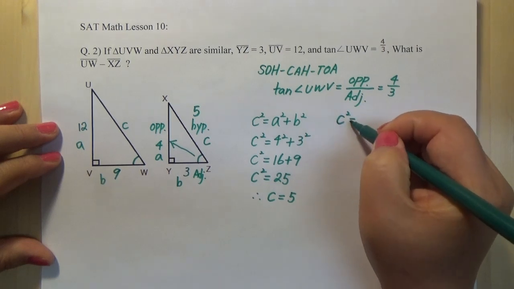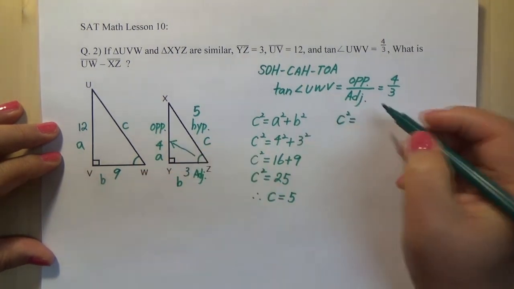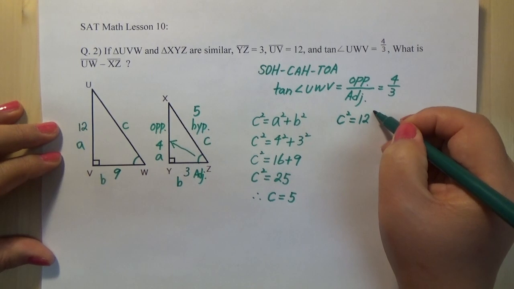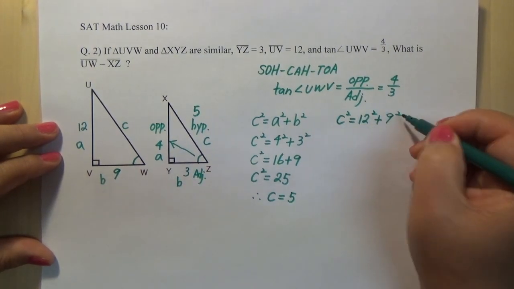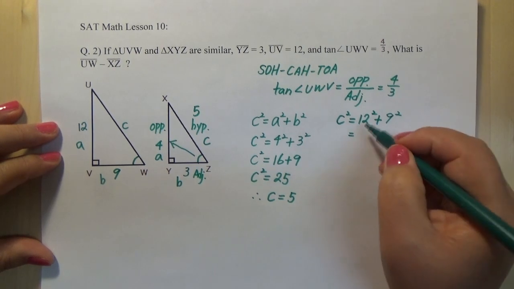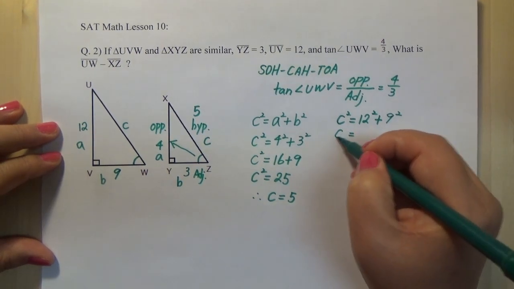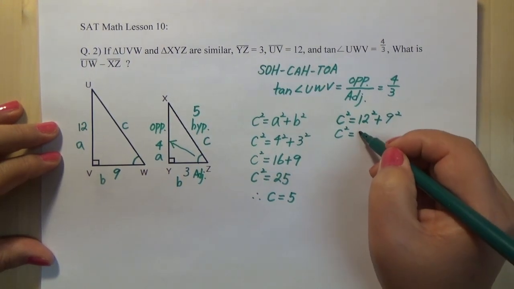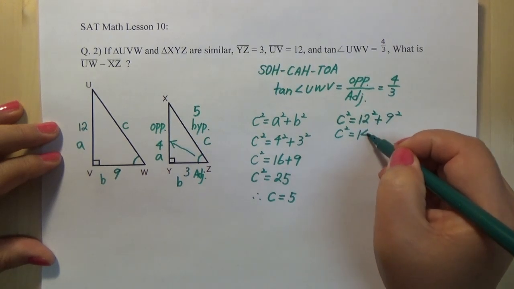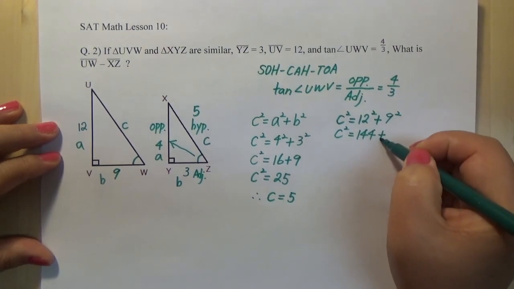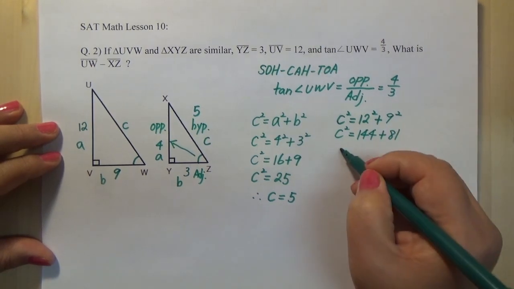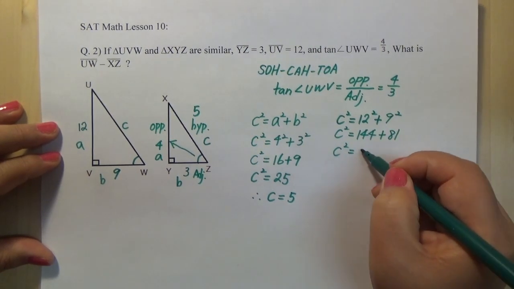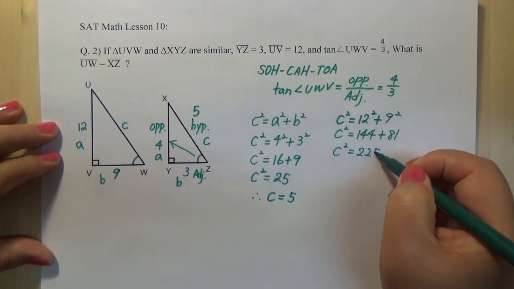And then we have to find UW, same thing. C squared is equal to A is 12, 12 squared, plus B is 9, 9 squared. 12 squared is 144 plus 9 squared is 81. So C squared is equal to 225.